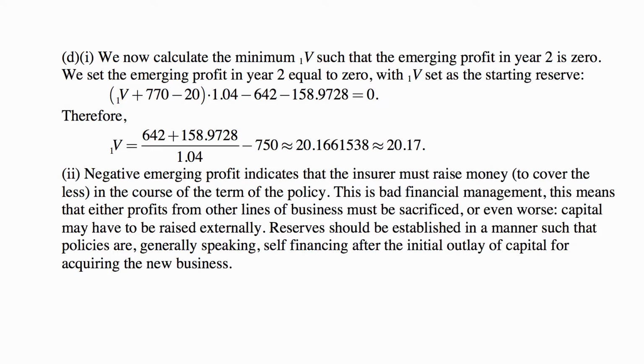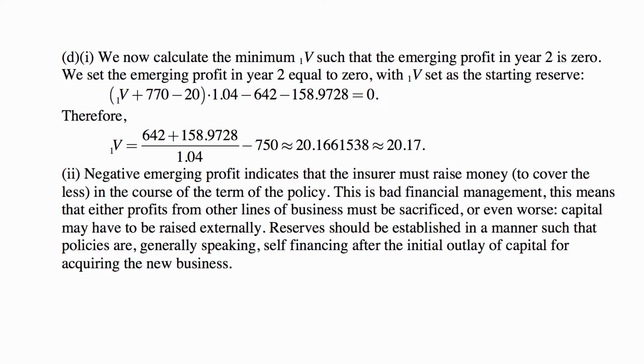So the reserve at time 1 plus the premium minus expenses accumulated with interest minus the cost of mortality minus the expected reserve, that's 0. And from this we calculate 1V to be approximately 20.17. So that's first part of Part D.